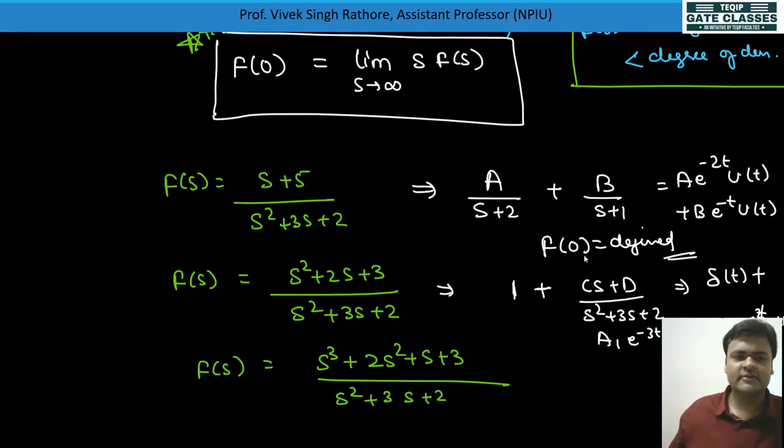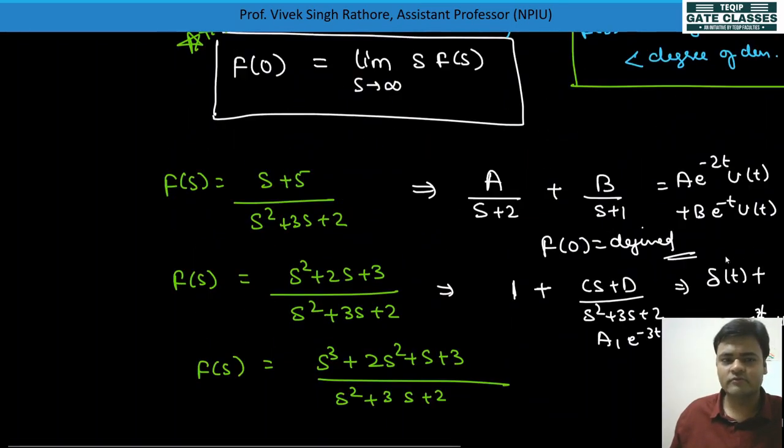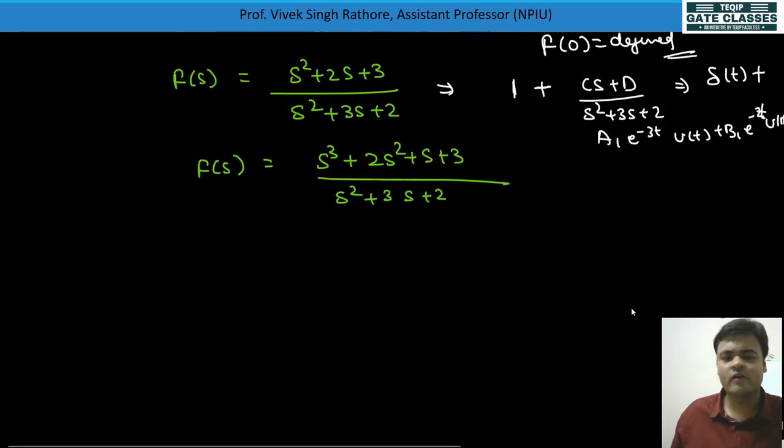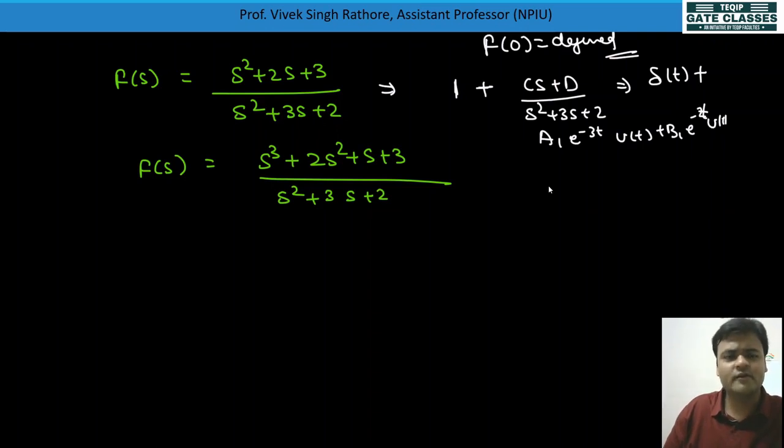But for time t equal to 0, we will not get a defined value, because as you know, delta t at t equal to 0 is not a defined value. It is not equal to 0, but you cannot calculate what value it has. So f of 0 is not defined.